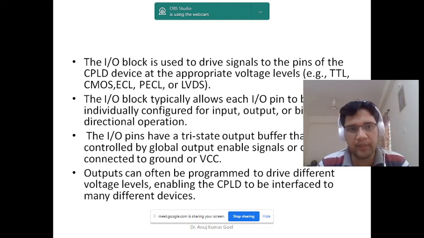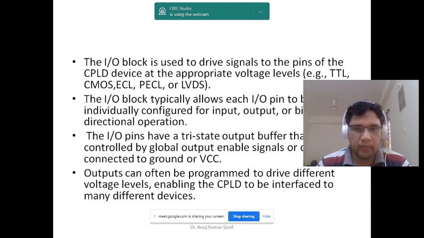The primary condition is that the enable should be high or active. Only afterwards can the connection between input and output be made. In a normal buffer there is a direct connection between input and output.